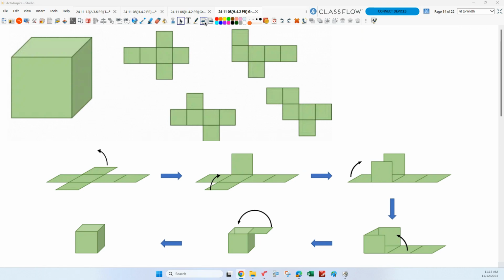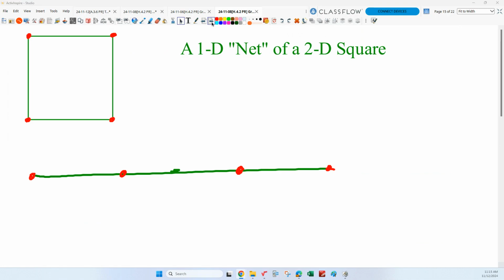What do you think the net of a 2-dimensional object would end up being like? It would be 1-dimensional, right? Here's an example: the net of a square, which is 2-dimensional.